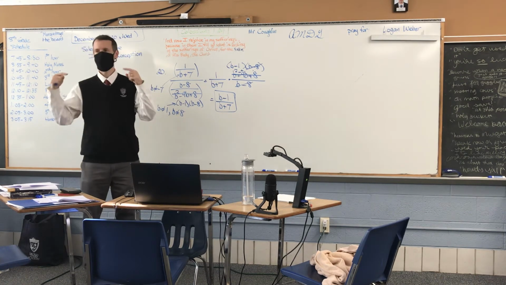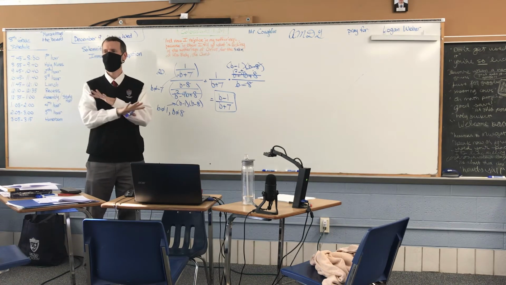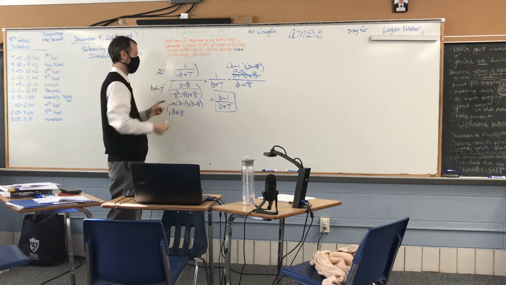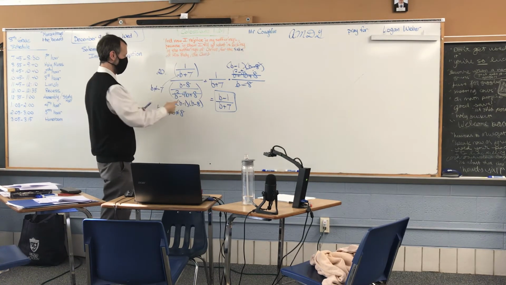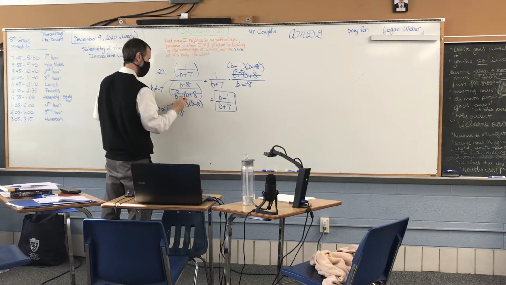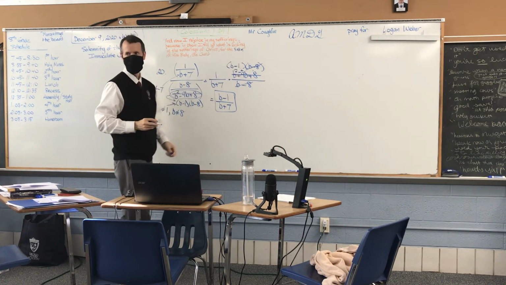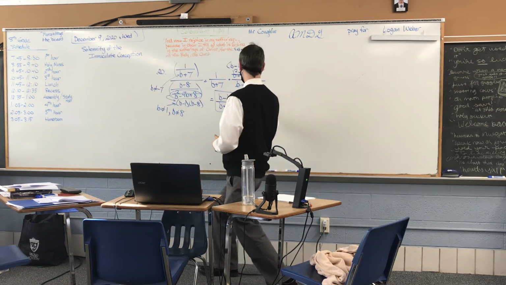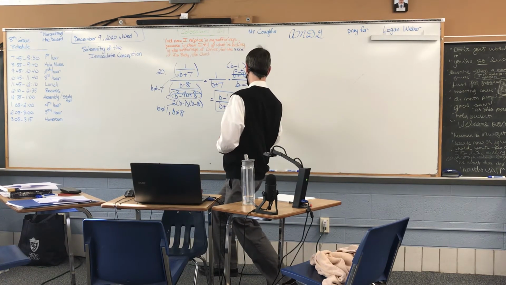Restrictions: anything that's ever in the denominator has to be forbidden to be 0, whether it's a little denominator or a big denominator. Where did you get the restrictions? These two, this factors. Let me just put it here in its glory: 1 over b plus 7 on top.